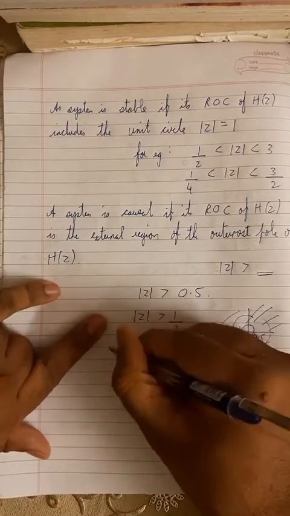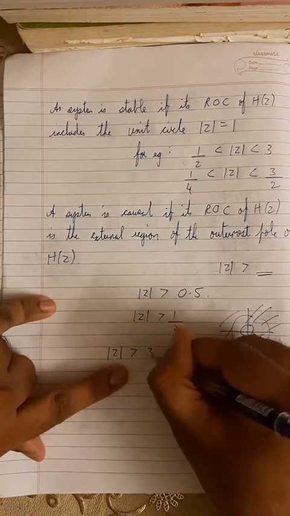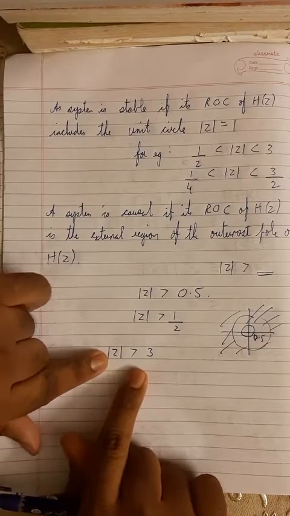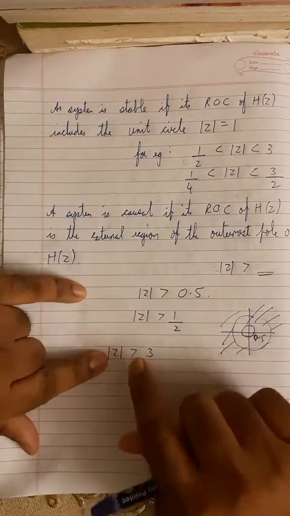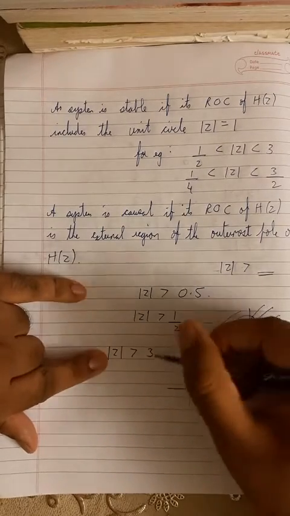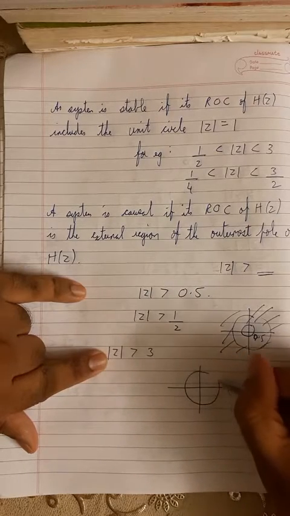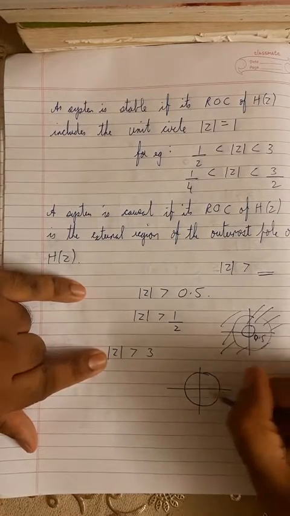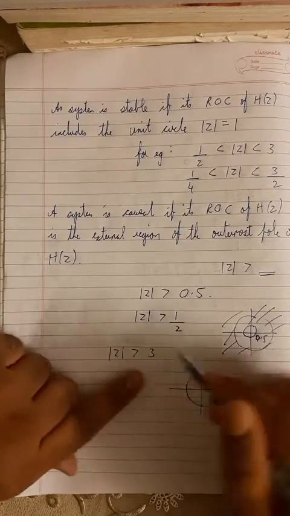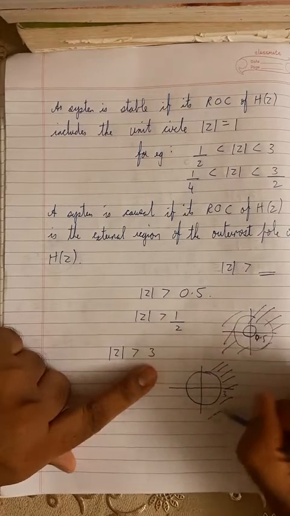Suppose I give you another example, magnitude of z greater than 3. Is this a stable system? No, it's not stable, because the unit circle is excluded from this region. Or in other words, if this is the circle with radius 3, then magnitude of z greater than 3 means this is the range.